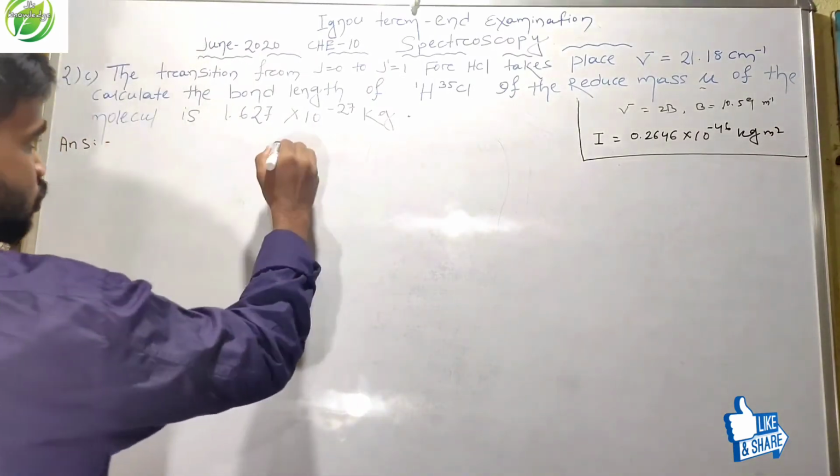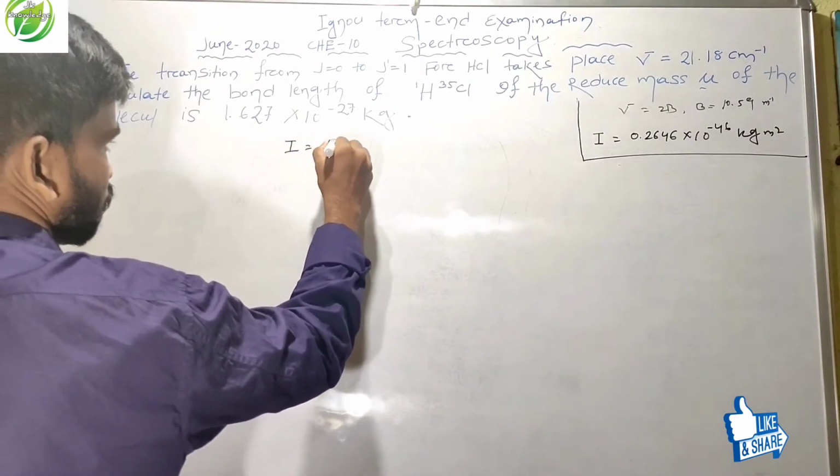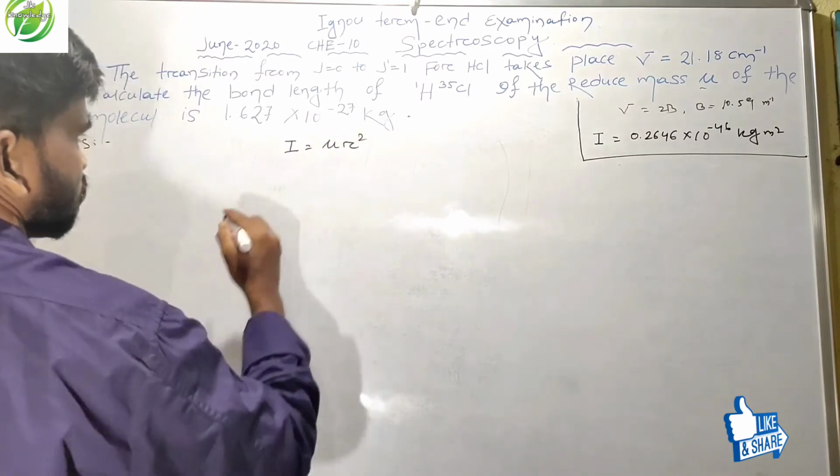Friends, we know I is equal to mu r squared.